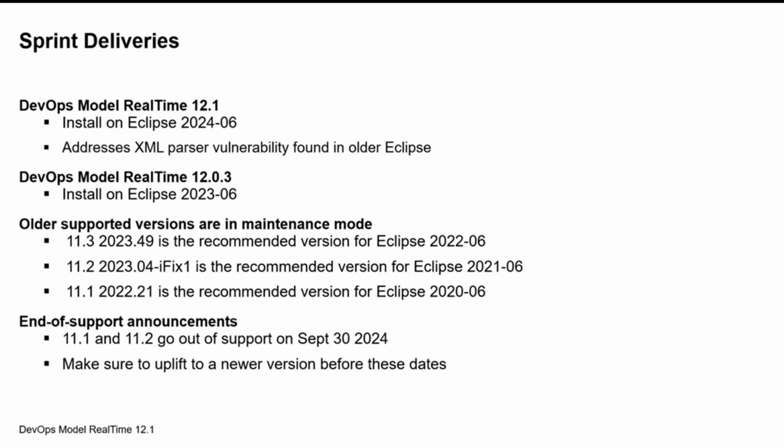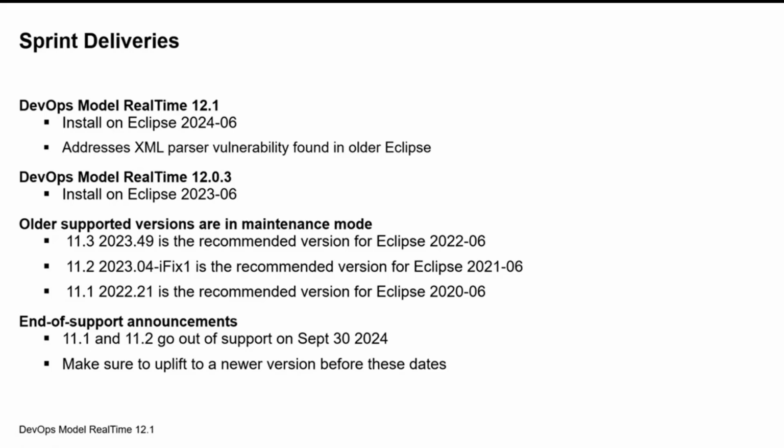So that vulnerability is now addressed. It had to do with an accidental enablement of external entities in XML. So if you got an XML file, it could basically access things on your machine. If you are concerned about that, that's another reason to upgrade to 12.1 quickly.